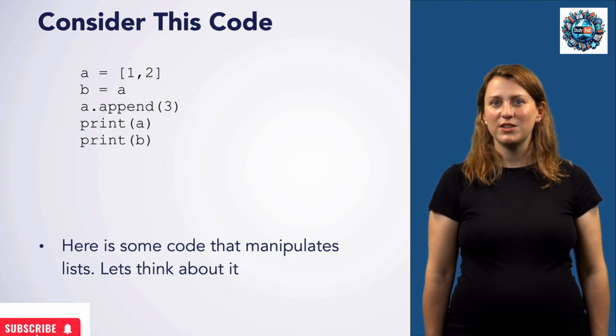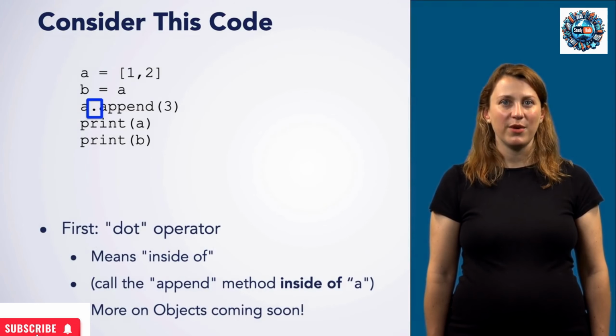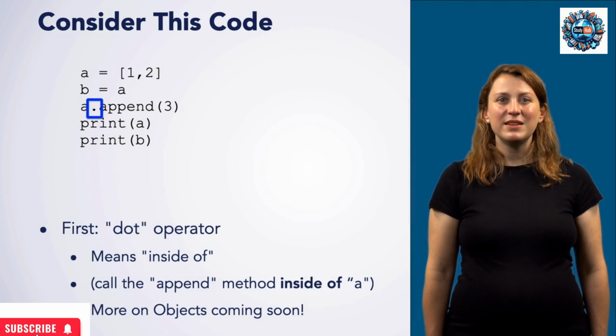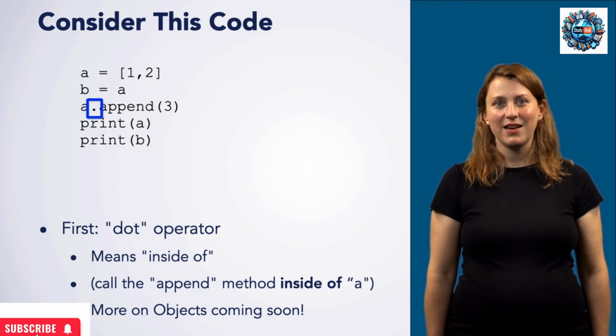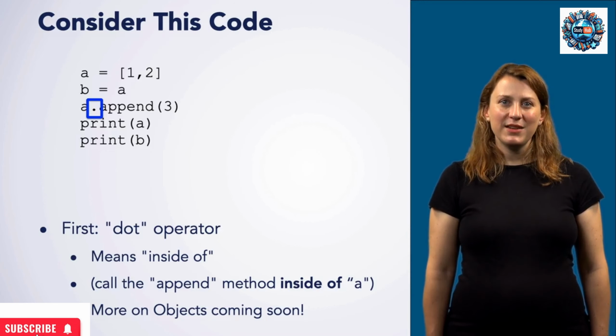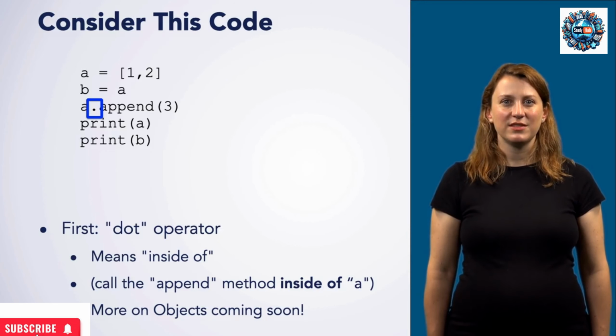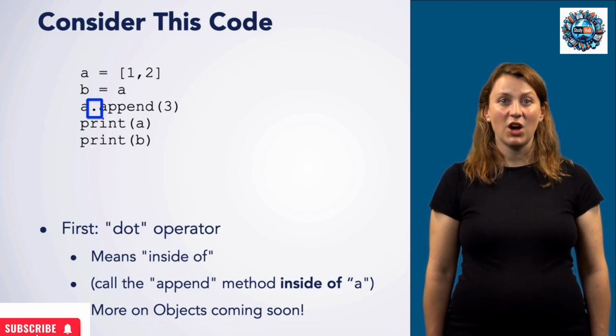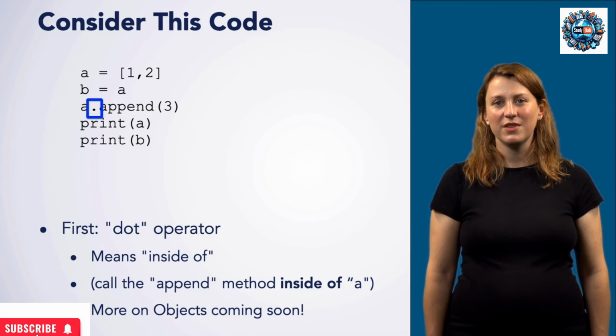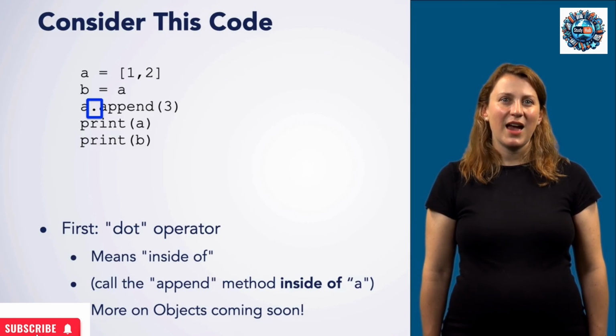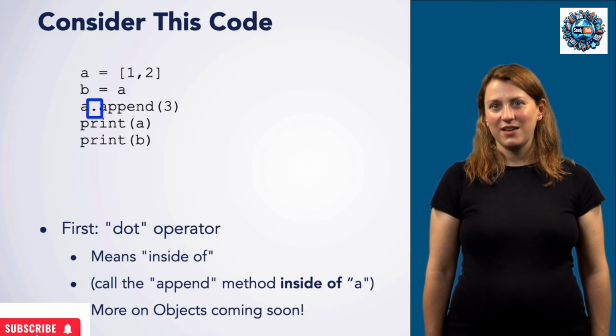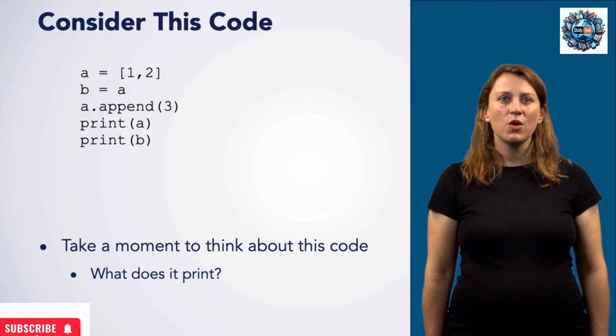This method is one way to do that. The dot operator here is also new. It means inside of. That is, we want the append method inside of A. We are appending to that particular list rather than some other list. This dot is related to the idea of objects, which we will learn about later. So this line says, add 3 to the end of list A. Given that, what do you think this code prints?